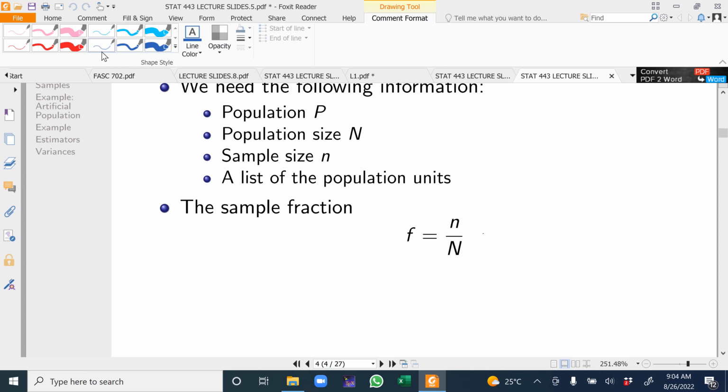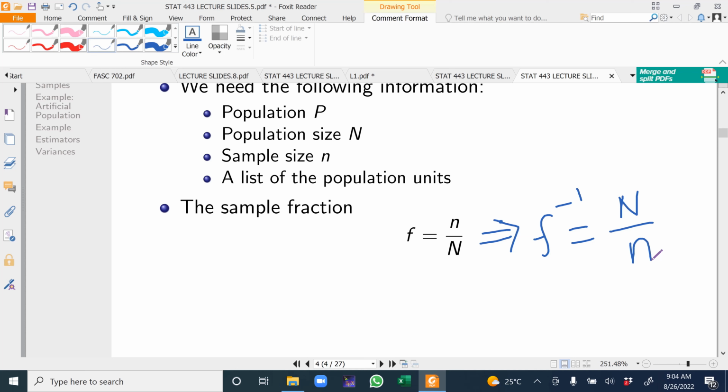If we take the inverse of f, it will be N over small n. Now this inverse of f is what you are going to use to determine the jump.